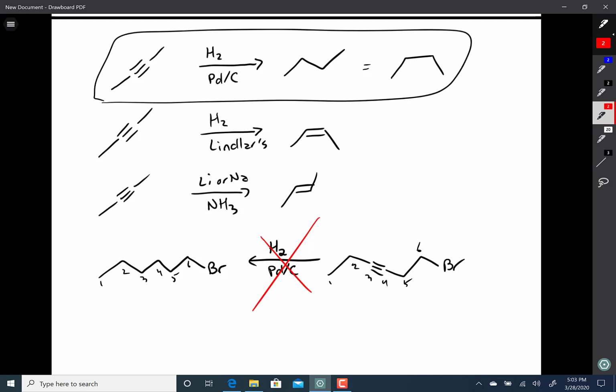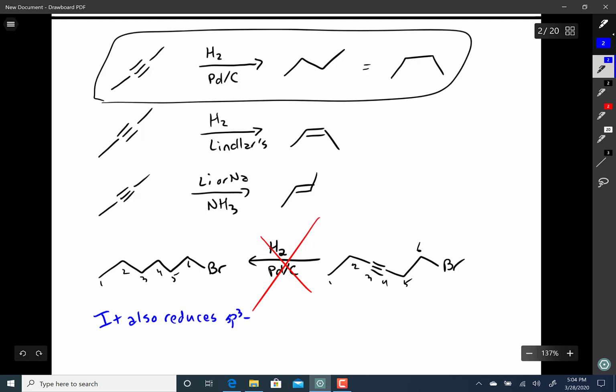For example, hydrogen and palladium and carbon does other things than what we've said. It not only reduces alkynes, it also reduces sp3 C-X, so halides, where X equals chlorine, bromine, and iodine.